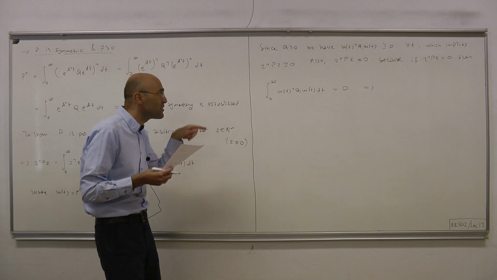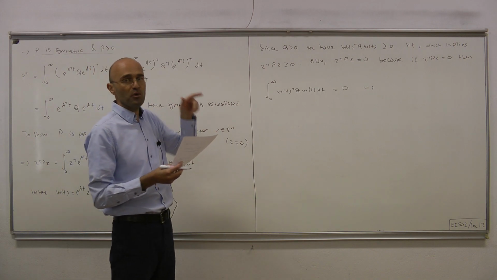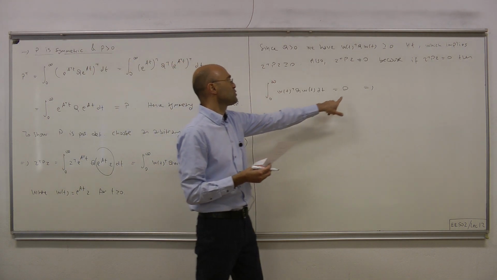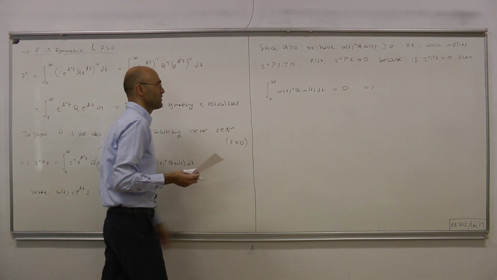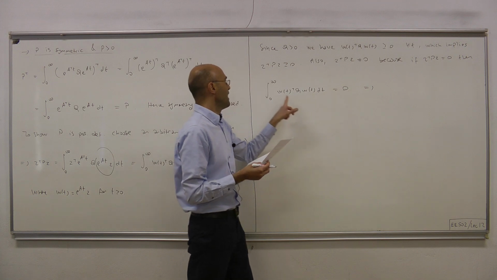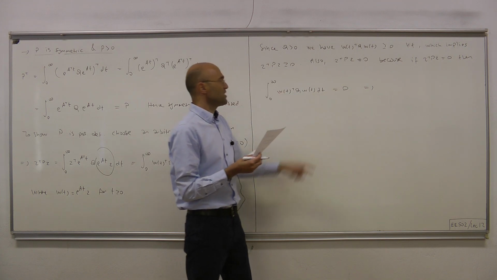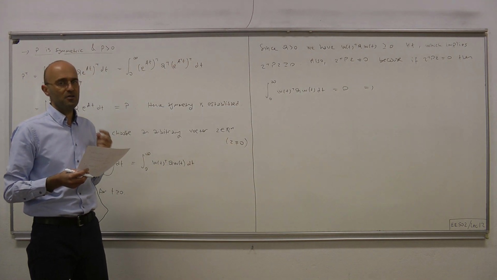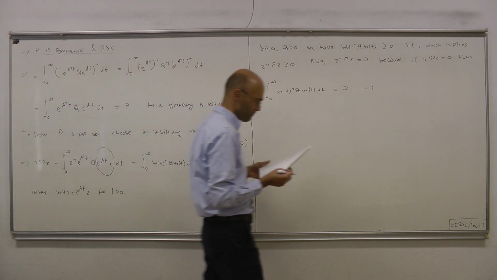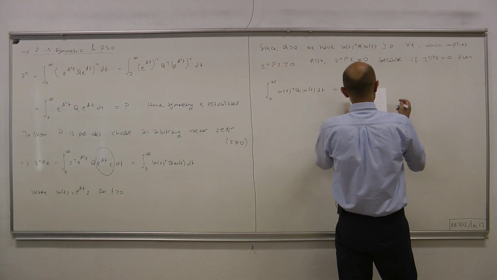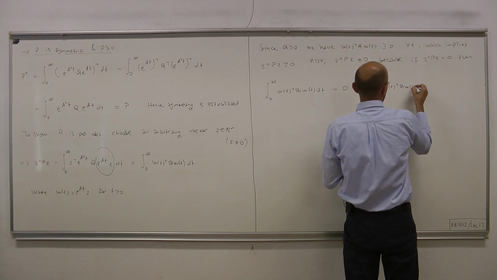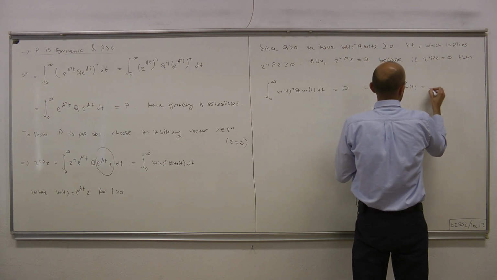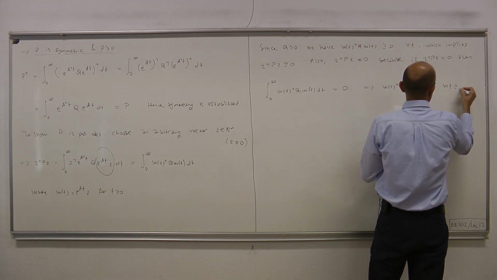Even if it's positive for some time, that would produce, no matter how small, something non-zero on the right-hand side. But this integral produces 0, and that's only possible when this integrand is identically 0 for all times. So that implies w(t) transpose Q w(t) equals 0 for all times.